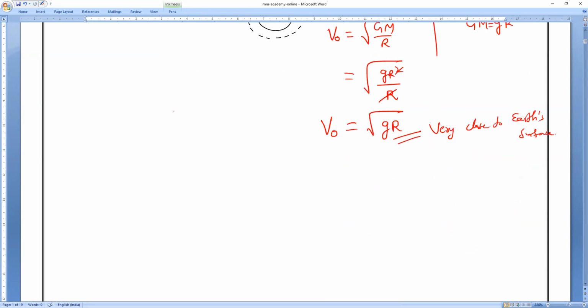Now, for satellites very close to the earth surface, v naught is equal to root over gR. Approximately how much, guys?